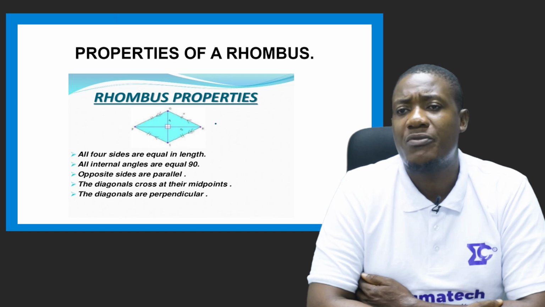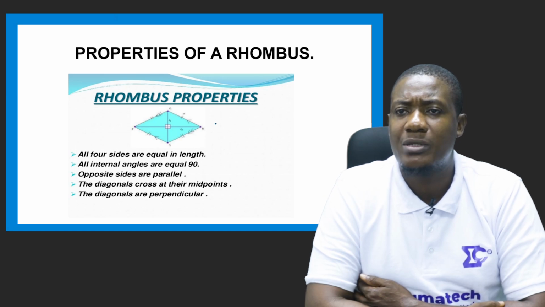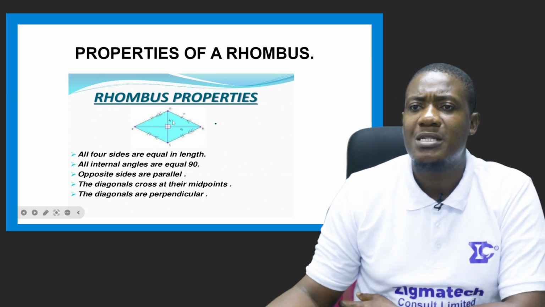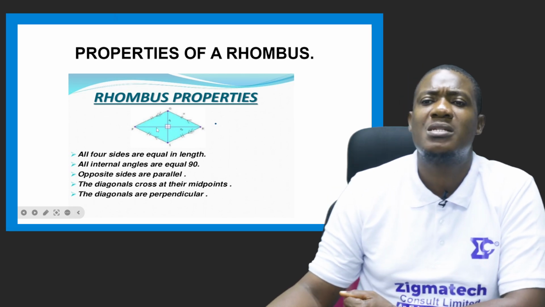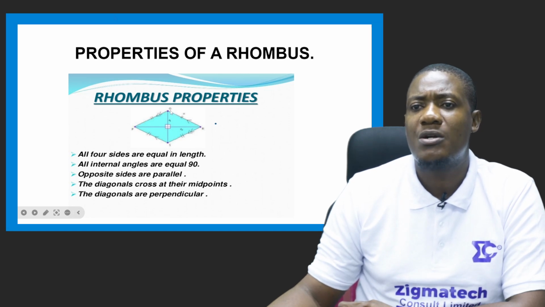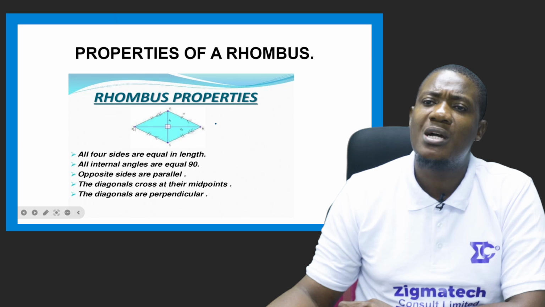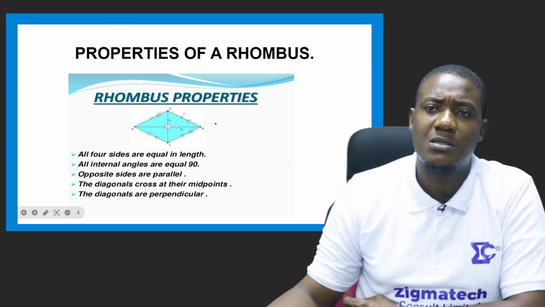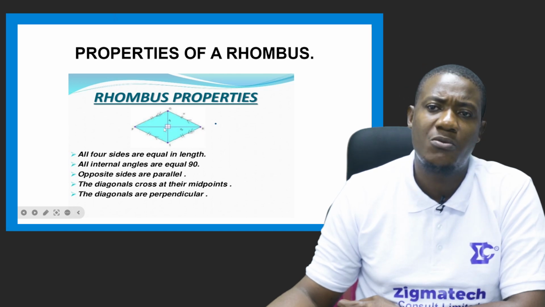the diagonals of a rhombus serve as lines of symmetry, and they bisect each other at 90 degrees. So you can see that these diagonals bisect each other. What that simply means is that if we have diagonal QS and diagonal PR, diagonal QS cuts across diagonal PR and divides it into 2 equal parts, so that the distance OR is equal to the distance OP.